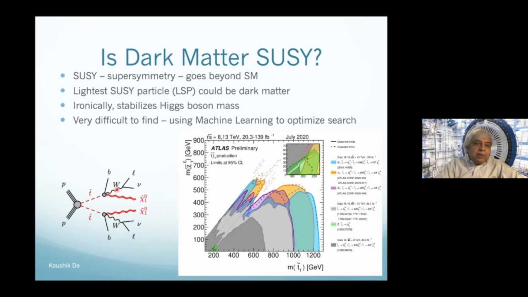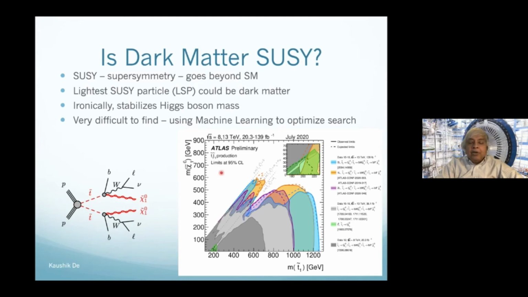Then the W can decay into a lepton and a neutrino, and of course it is pair produced. So this is one of the many possible Feynman diagrams that can create a stop at CERN, and that's what we look for.